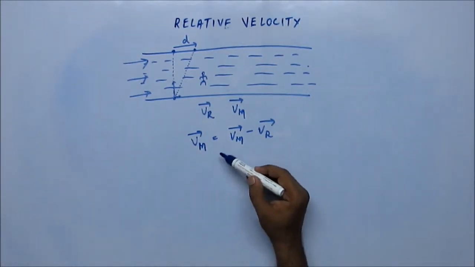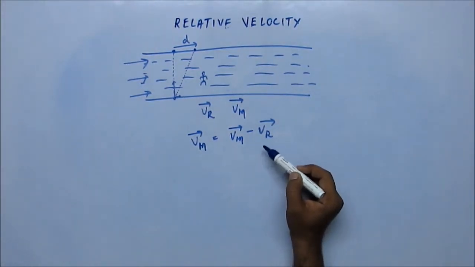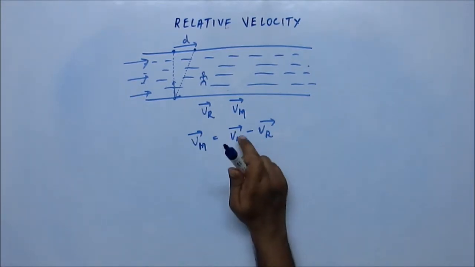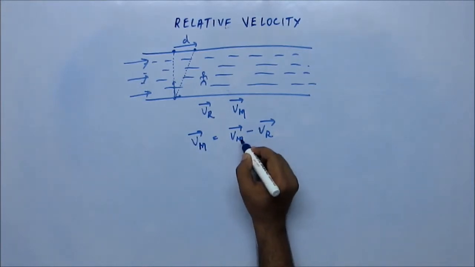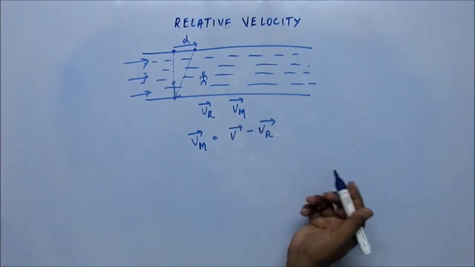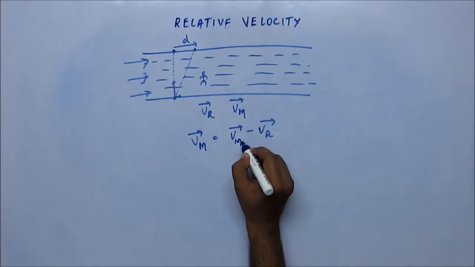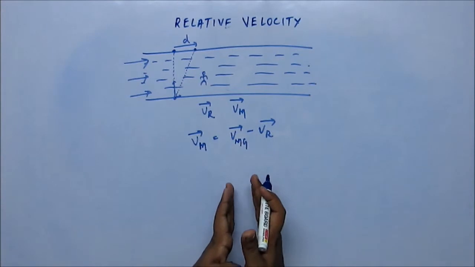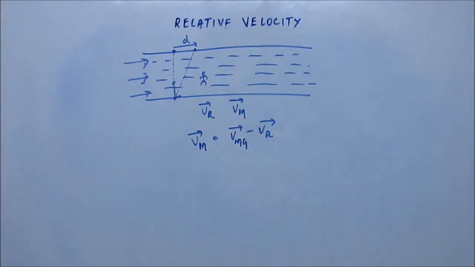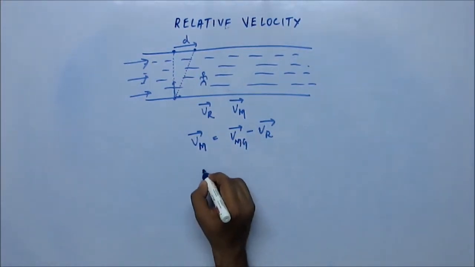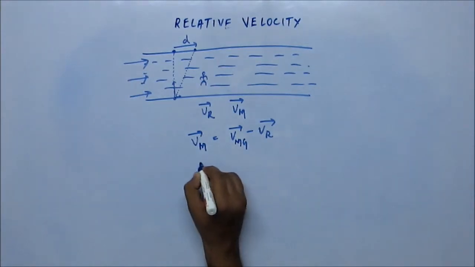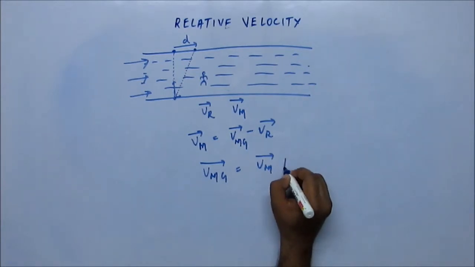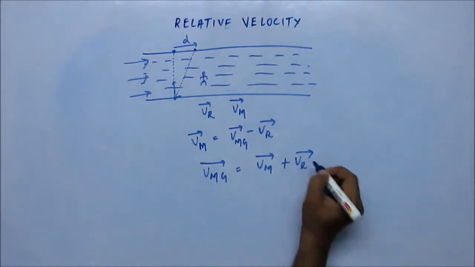Velocity of A with respect to B is velocity of A minus velocity of B. So velocity of man with respect to river is velocity of man with respect to ground, Vmg, which is the actual velocity of man, minus velocity of river. So velocity of man with respect to ground is actually velocity of man with respect to river plus velocity of river.